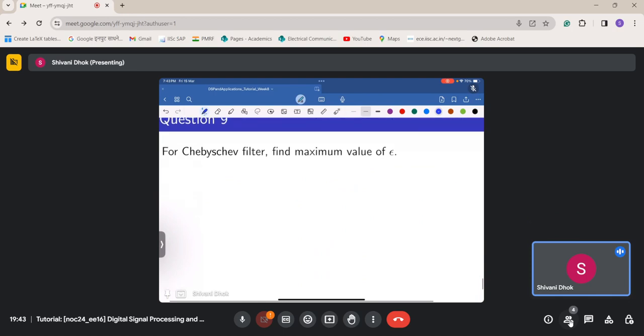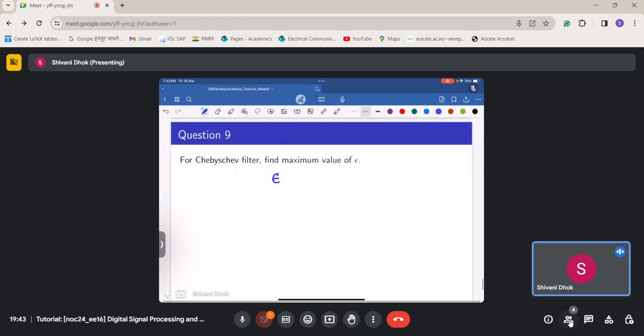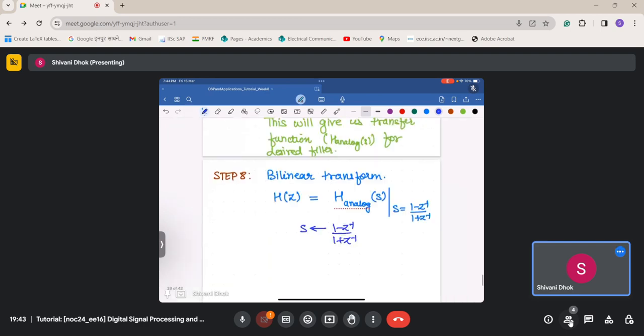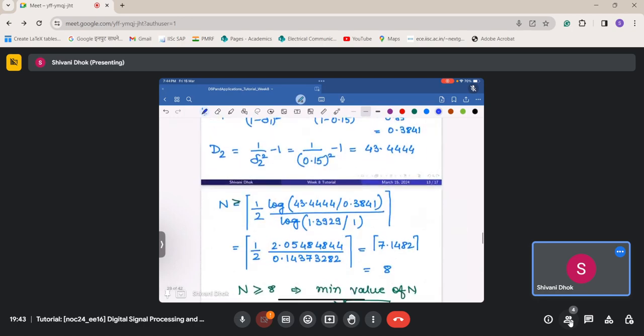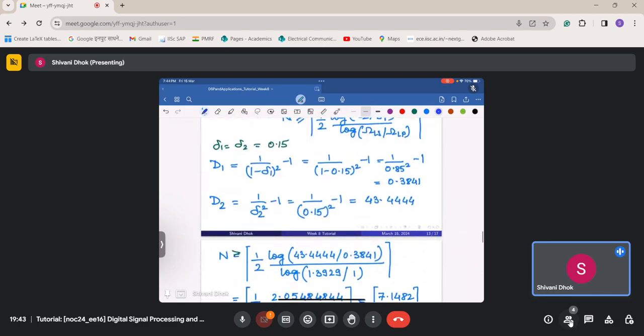So now we need to find out what is the maximum value of epsilon. We know that for a Chebyshev filter, this epsilon can be at most equal to under root of d1, and d1 we had found out to be 0.3841.